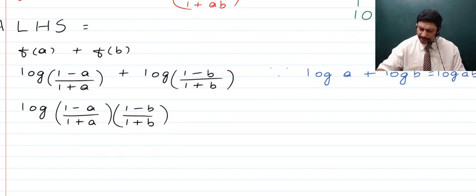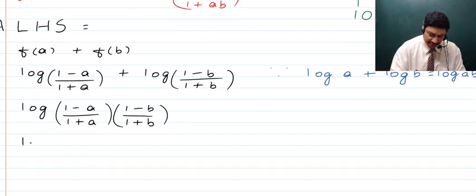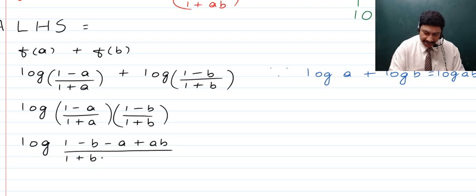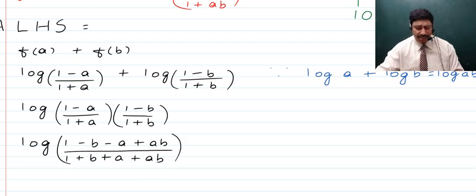Now for the next step, we multiply both of these binomials. So in the numerator we'll have 1 minus b minus a plus ab, and in the denominator we will have 1 plus b plus a plus ab. And this is all that we can do in the left hand side.